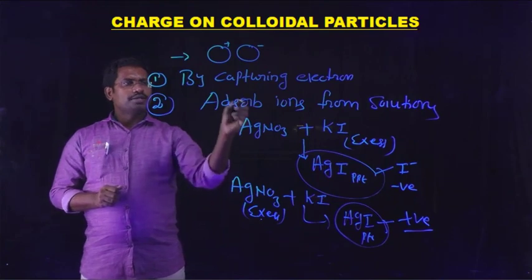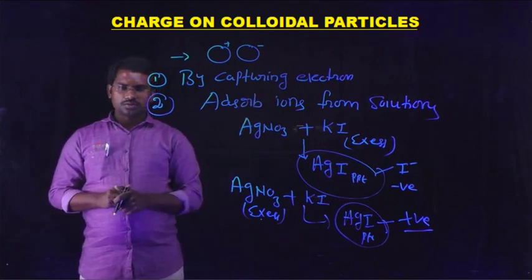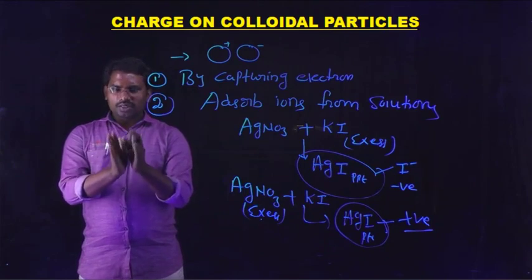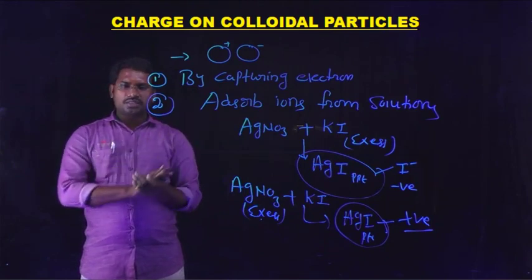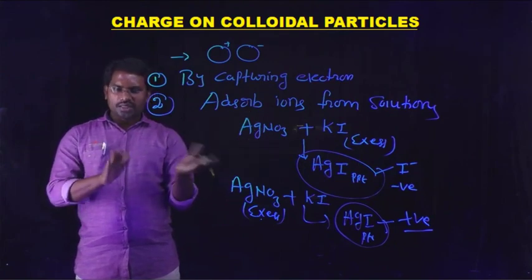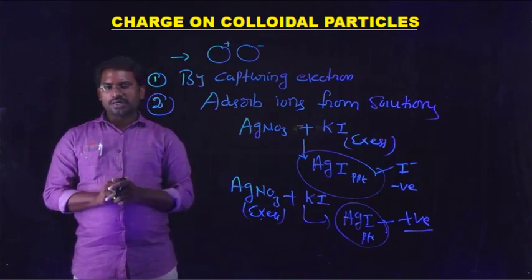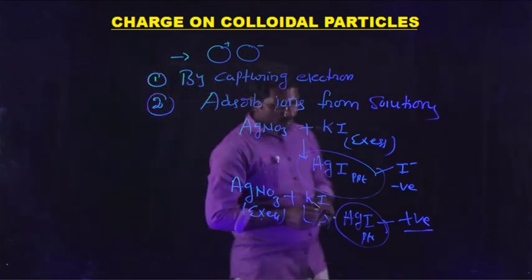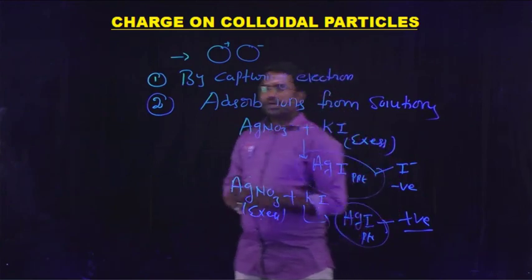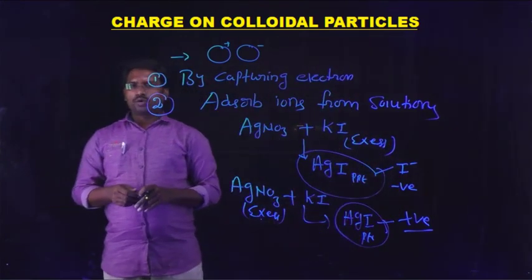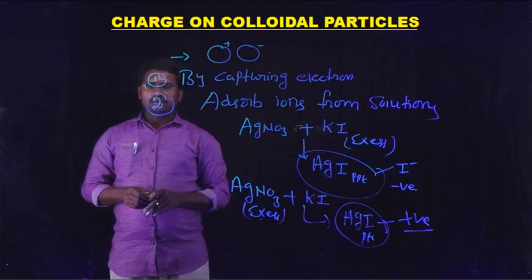And second, by adsorbed ions from solutions. When one solution is added to another, one is taken as fixed and the other in excess. The excess ions are adsorbed, and therefore the colloidal solution contains either positively charged or negatively charged particles. So these are the main important properties of colloidal solutions.